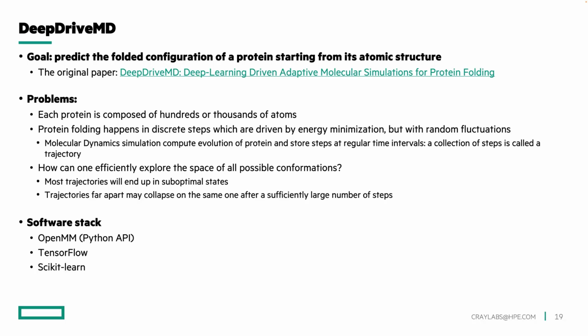When you want to compute the 3D structure, the conformation of the protein, you run a molecular dynamics simulation. It takes discrete steps, tries to optimize the shape by minimizing the energy, and adds some random fluctuations so that you can try to get out of small local optima and so on.